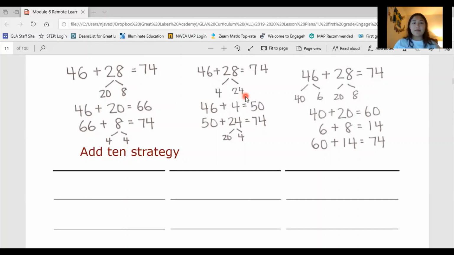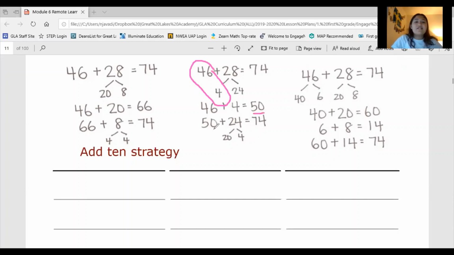So they broke up the smaller number into a part that would get them to the next 10 plus the other part. Then they added together the two parts that get them to the next 10. They added together 46 and 4, and they got to the next 10, which is 50.